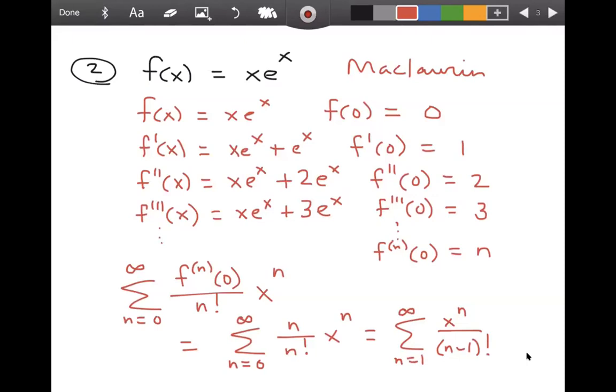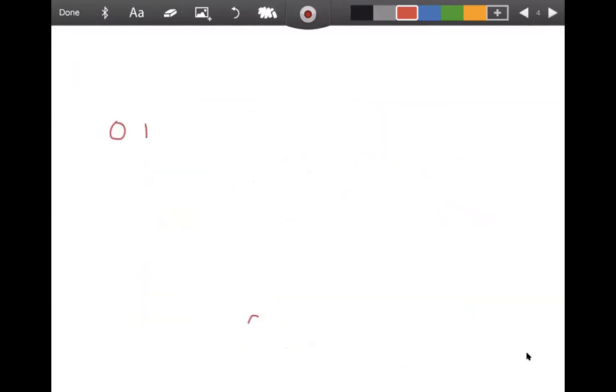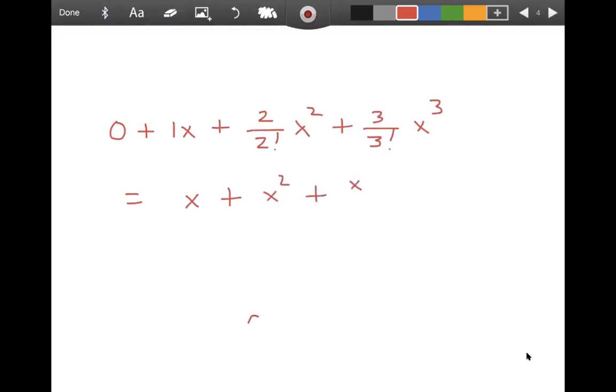Okay. Because the first couple of terms of the series, let's do this on the next page, are 0 plus 1x plus 2 over 2 factorial x squared plus 3 over 3 factorial x cubed, which is x plus x squared plus x cubed over 2 factorial plus x to the 4th over 3 factorial.